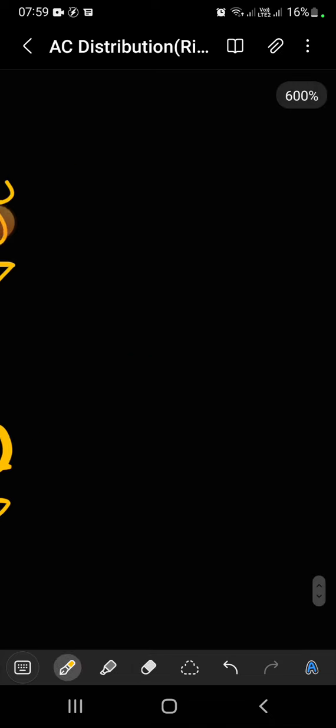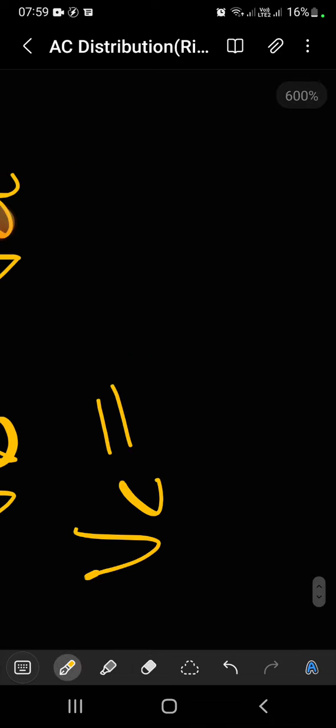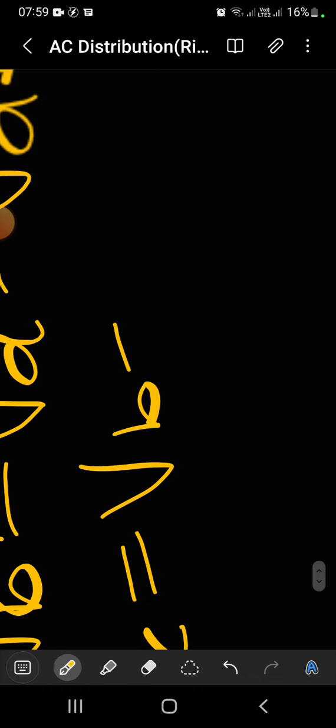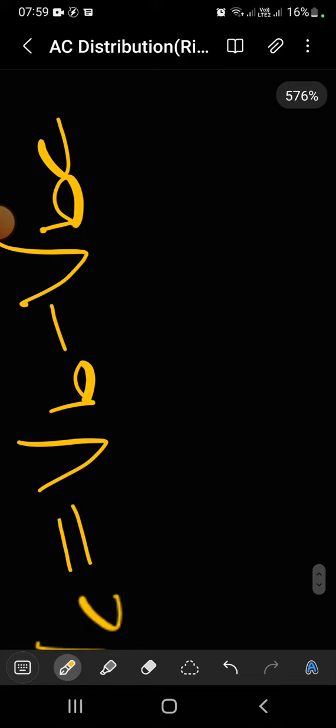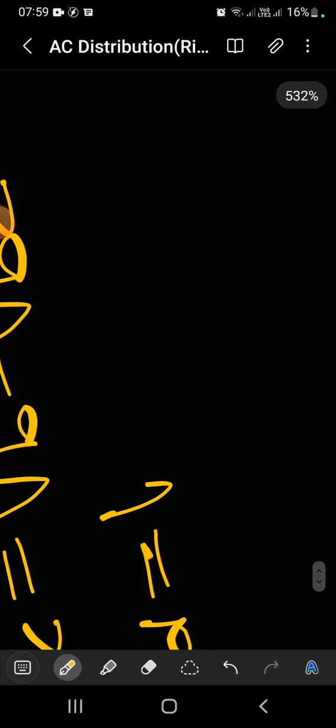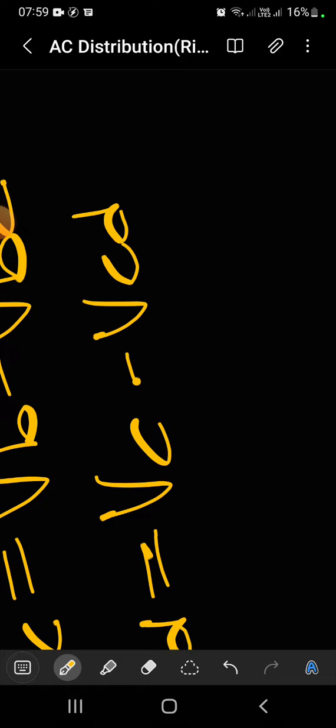At point C, VC is simply VB minus the voltage drop BC. Good. And then your last voltage is VD, which is gonna be VB minus, no, not VB, I'm sorry, VC minus VCD. Then you get your volts.